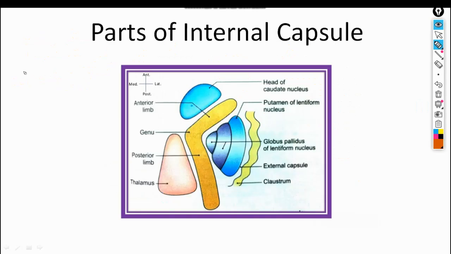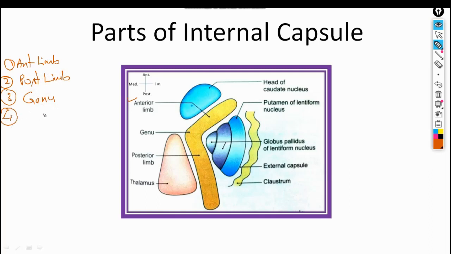appearance. We are going to see five parts of the internal capsule. One is the anterior limb. Here is the anterior limb. Second, we will talk about the posterior limb. Third is the genu.